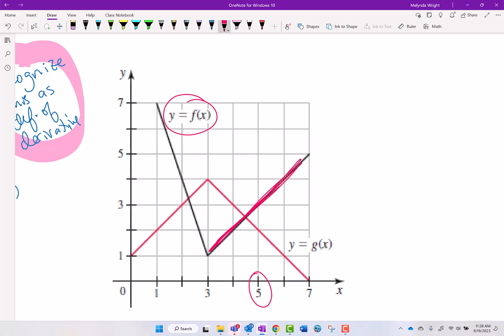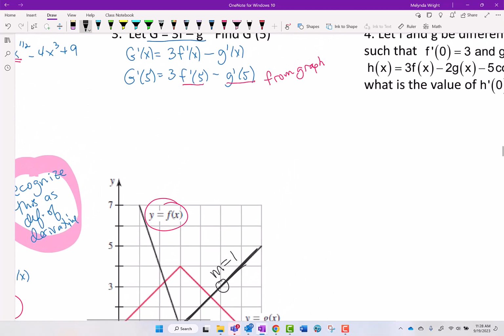We read the derivative as the slope. So I'm looking for the slope exactly at this point right here. It looks like that slope is 1. So we've got 3 times 1.